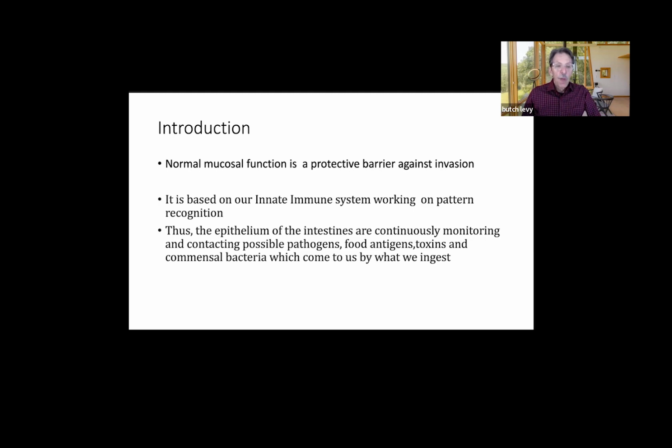possible antigens, as we see here with pathogens and foods and toxins and all the things that we generally ingest, and they act in a way to help protect us. Most of the time, it's with our white blood cells, with complement.